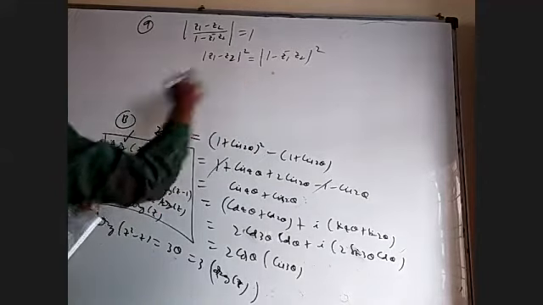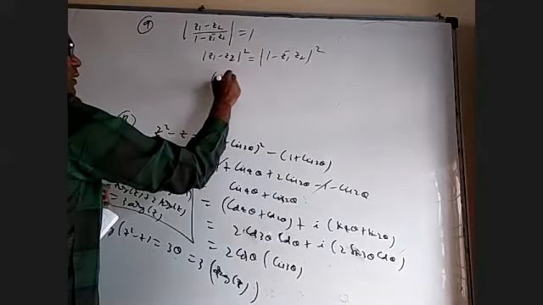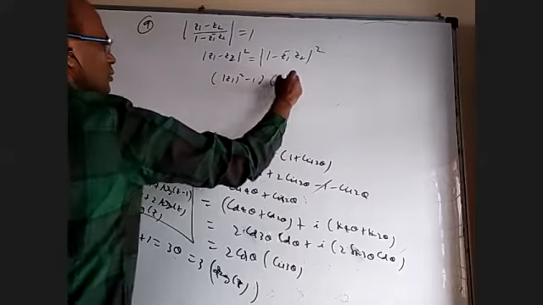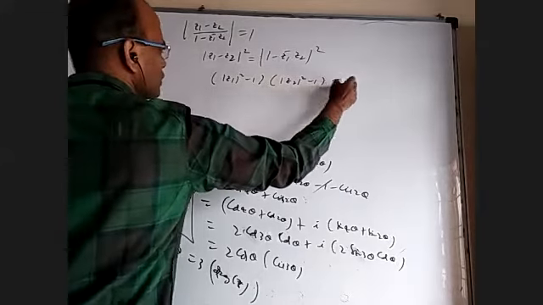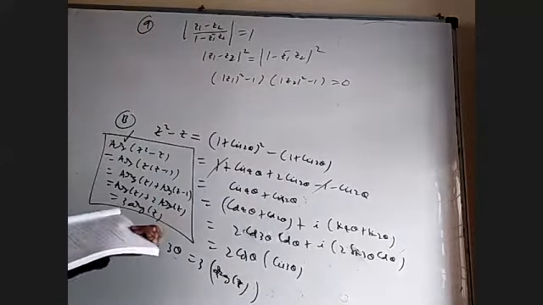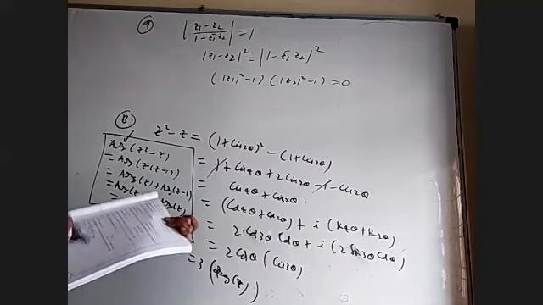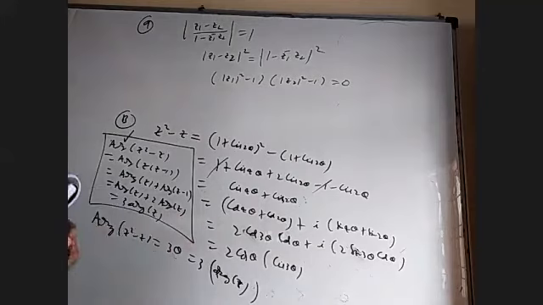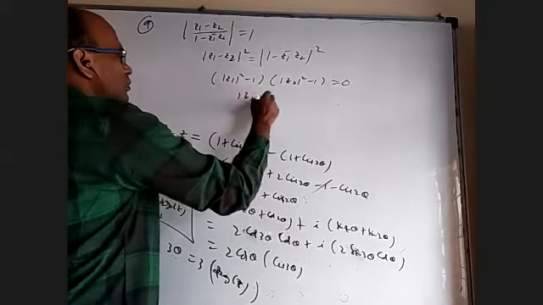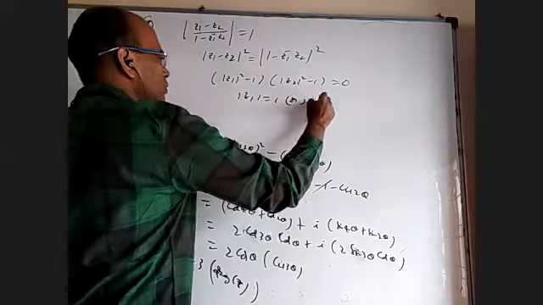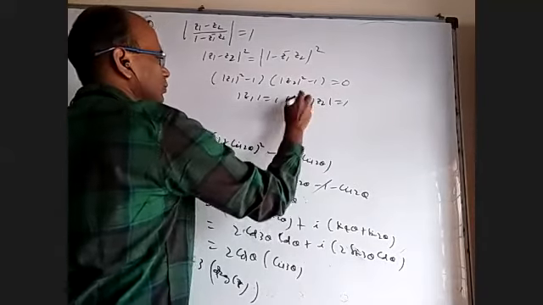You can expand on both sides and will directly get (mod z1 square minus 1) into (mod z2 square minus 1) equal to 0. So either this should be 0 or that should be 0. That is option A. And options C and D are also the same. Mod z1 equal to 1 or mod z2 equal to 1.